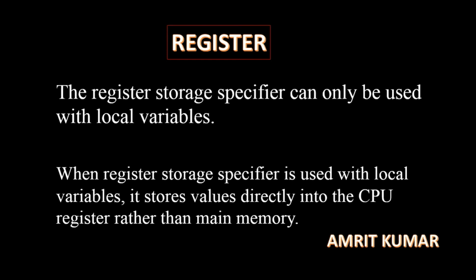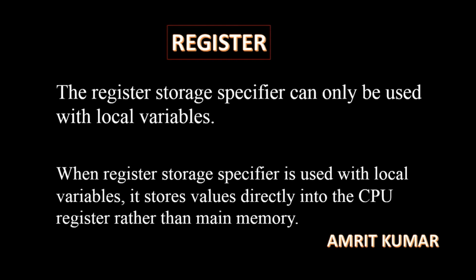When we look at the static storage specifier, it allocates its memory in the global region. But in the case of the register storage specifier, the local variable's value is stored directly into the CPU register rather than the main memory.